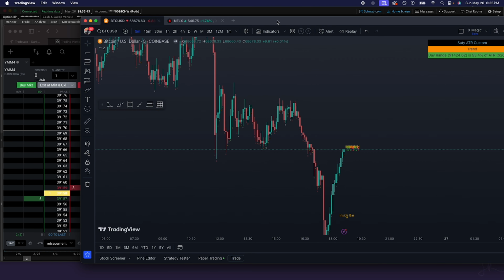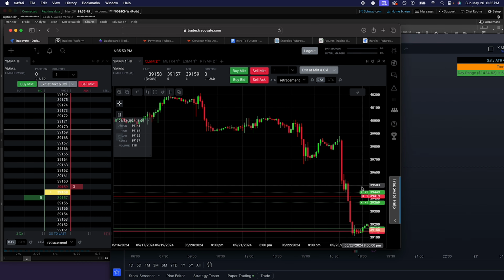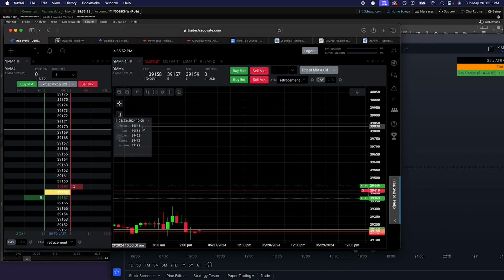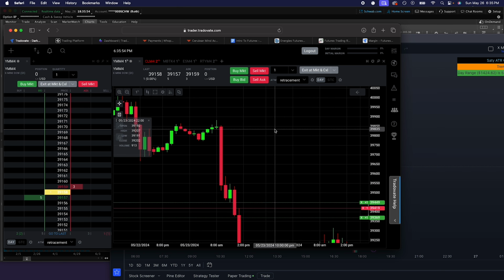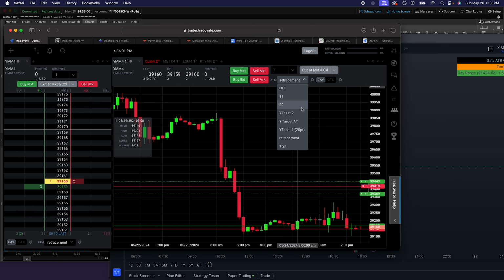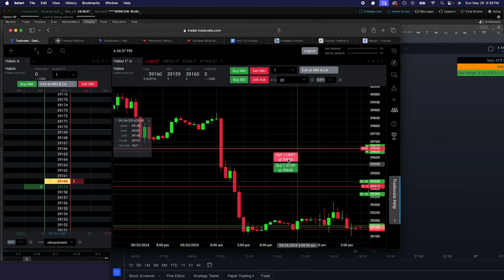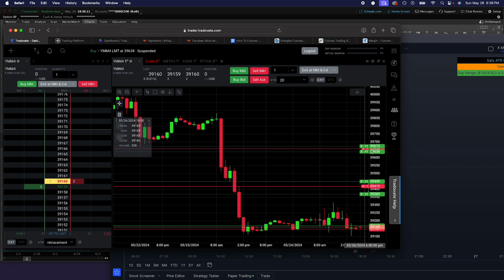When you say ATM settings, what do you mean by that? Like the bracket orders that I just mentioned here. Okay. So for example, the one that I just opened up here, I have my settings preset: 50 take profit, 30 stop loss. But I have other ones, like this one: stop loss 15 points, take profit 20 points. As soon as I get into this trade, let's say I'm going short, it already puts in my stop loss and take profit.